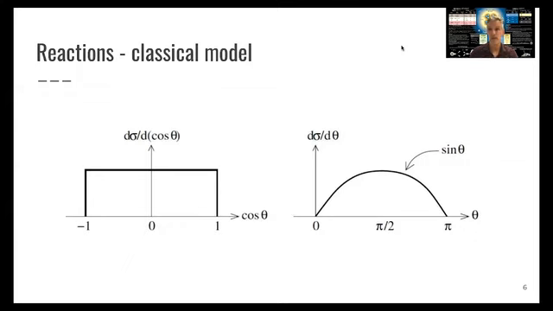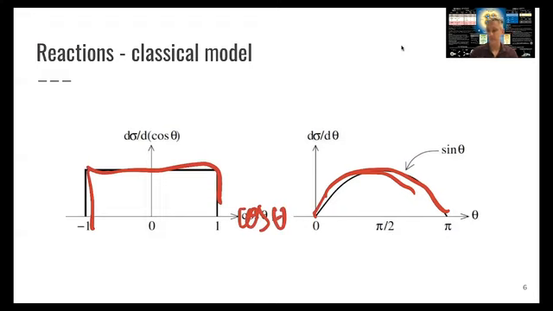The mapping between theta, sine theta, and theta is not trivial. That's why you see this shape of the distribution. But d sigma d cosine theta looks different if you look at this as a function of cosine theta. All right, so this is just a classical picture.